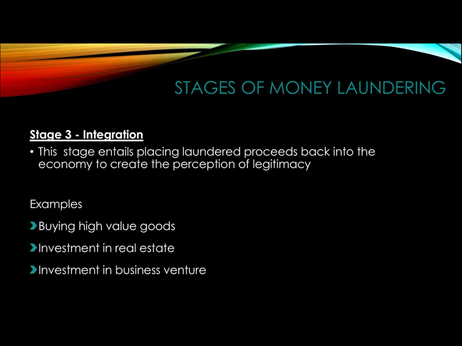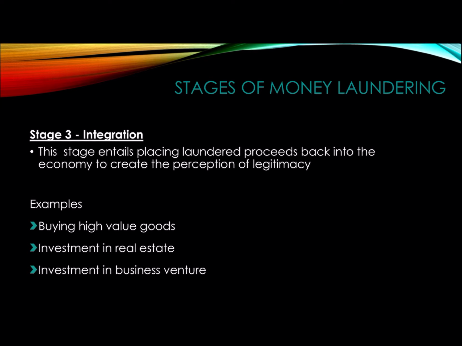So by the time I'm at this stage, what I've done is at the placement stage I have introduced money. Then in stage two I have moved funds from one bank account to another, or with that money I have purchased an insurance policy which I may surrender and get the refund from the insurance company. That would again put another layer of transactions.